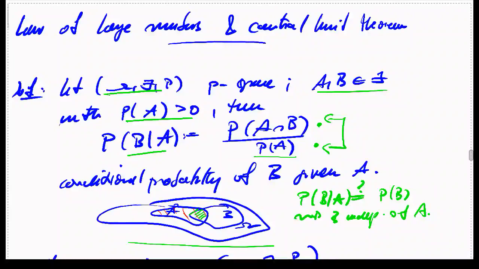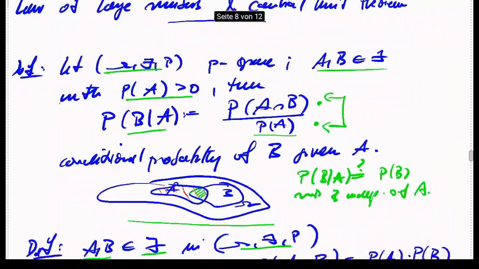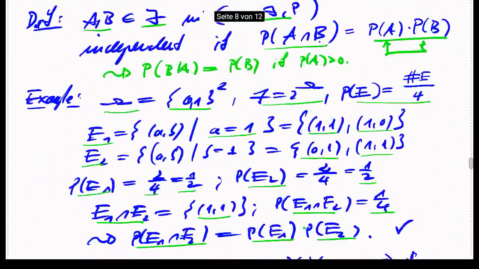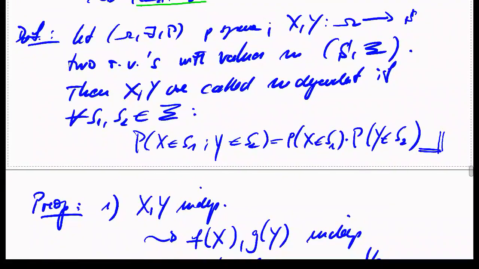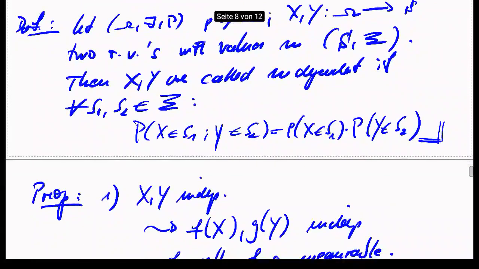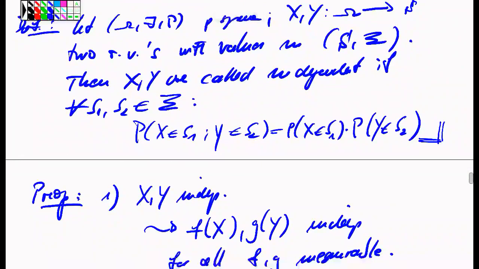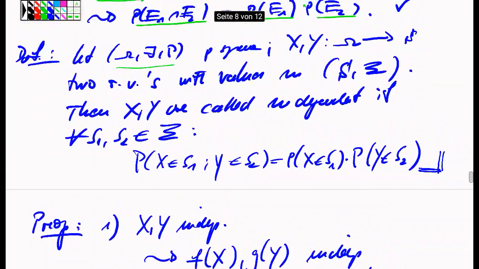We now generalize this concept of independence of two events to the concept of independence of random variables. Namely, let (Omega, F, P) be a probability space, and let X and Y be two random variables which for simplicity assume values in the same state space, equipped with sigma field Sigma.